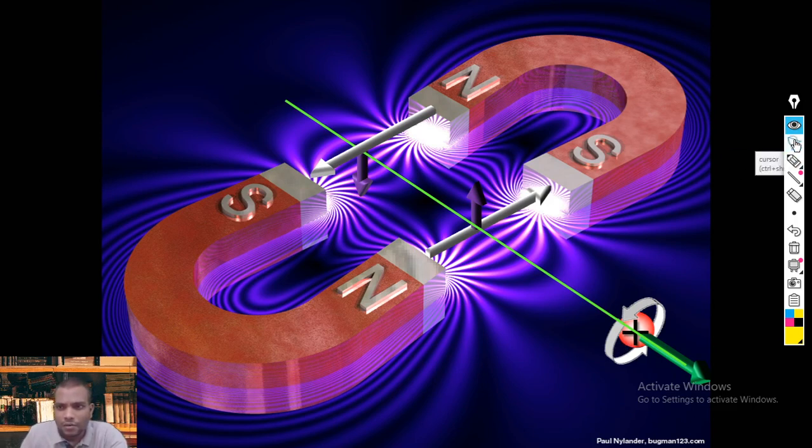So here we will use one law or one rule. Right hand rule for the positive charge and left hand rule, that is Fleming's left hand rule, for the negative charge. So these two rules will help us to find the direction. Let's see the rules first.